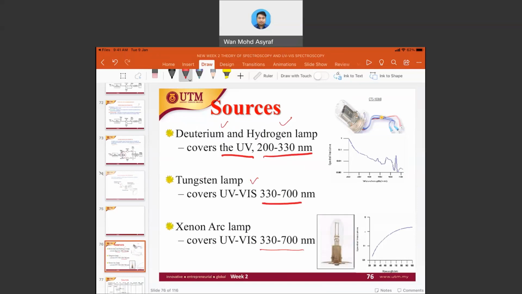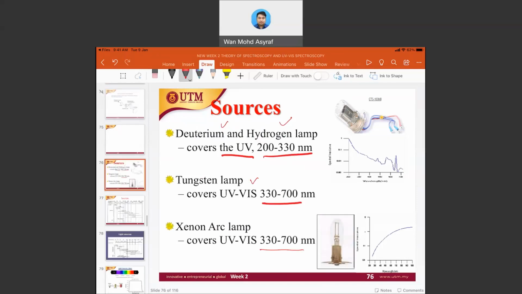So basically, what you need to know is that the source needs to be stable, and it needs to have the correct range. So if you want to test the wavelength at, for example, 350 nanometer, you cannot use a deuterium or halogen lamp.